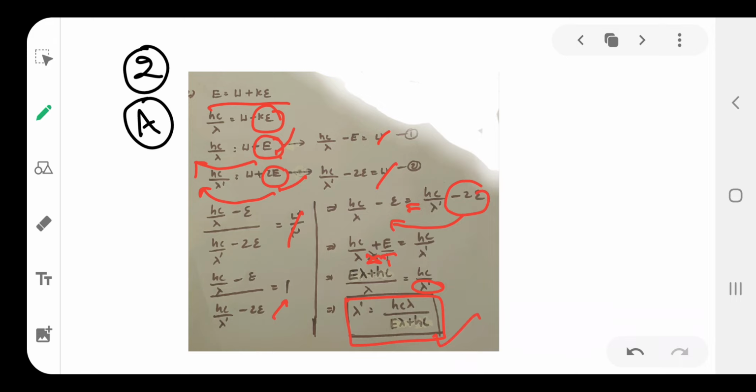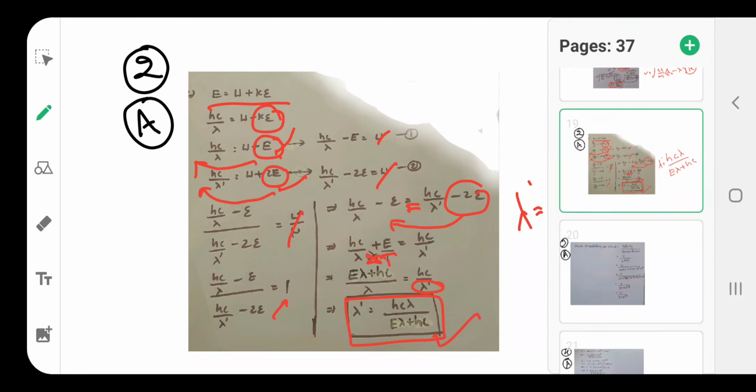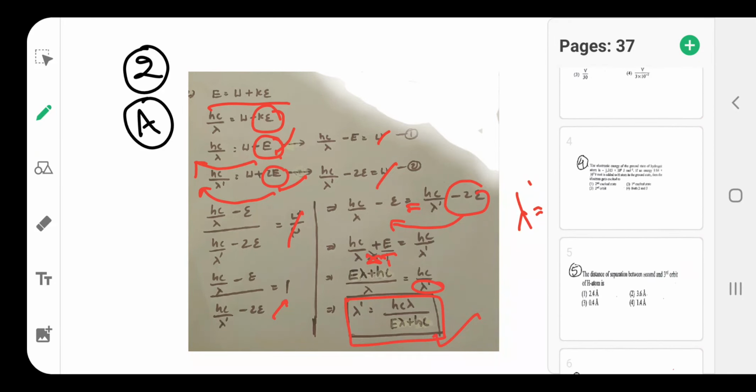So this is the correct option. Then see the option hc by lambda. The change in wavelength lambda naught is equal to hc lambda divided by E lambda plus hc. Then see the question.